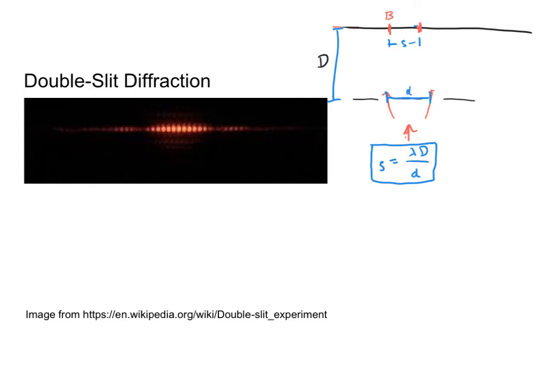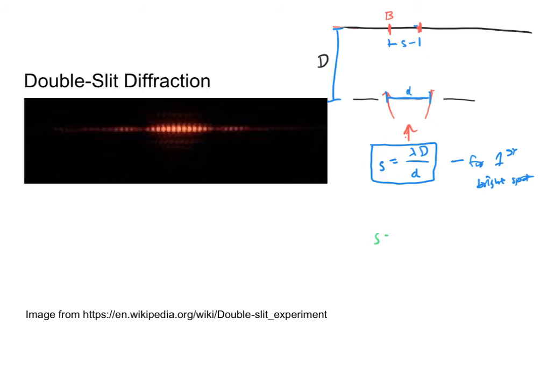So we can expand this out. This is for our first bright spot. If we want to look at other bright spots, we're going to add that n in again.